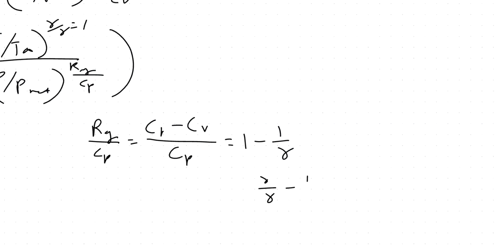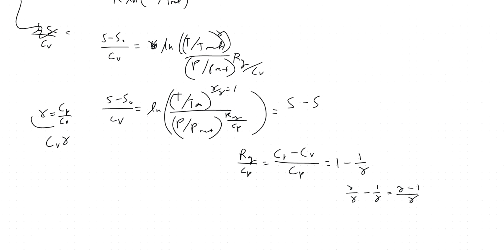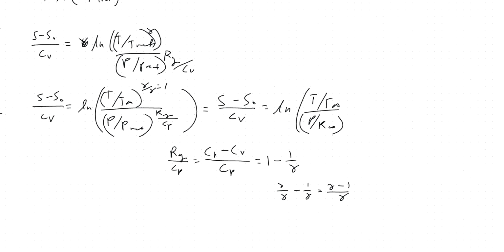So this tells you S minus SO divided by CV equal ln parentheses T divided by T infinity, divided by P over P infinity to the power alpha minus 1 divided by alpha. Hey, good with that one.